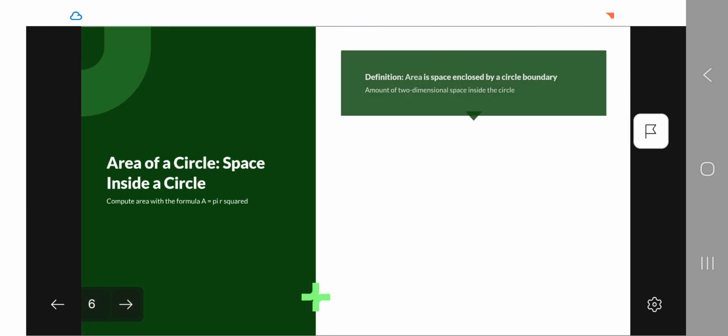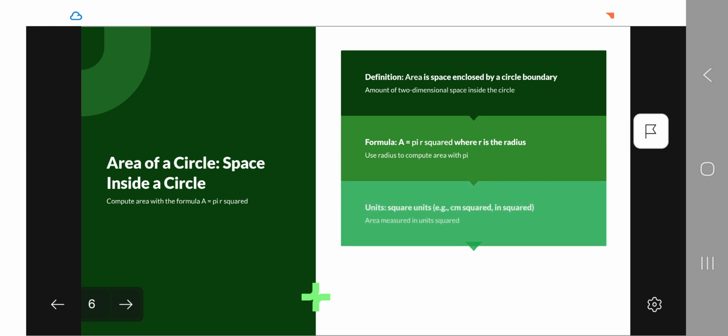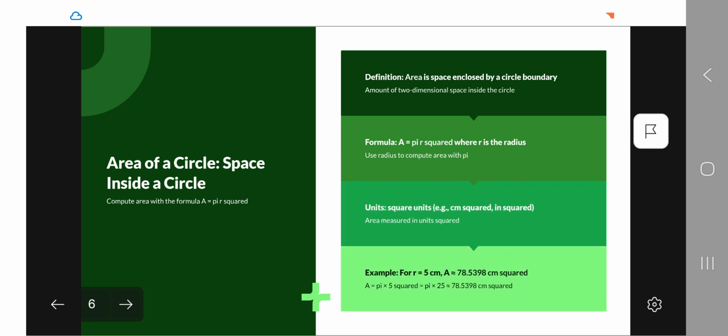So here's the area of a circle. Space inside a circle. Compute area with the formula A equals pi r squared.